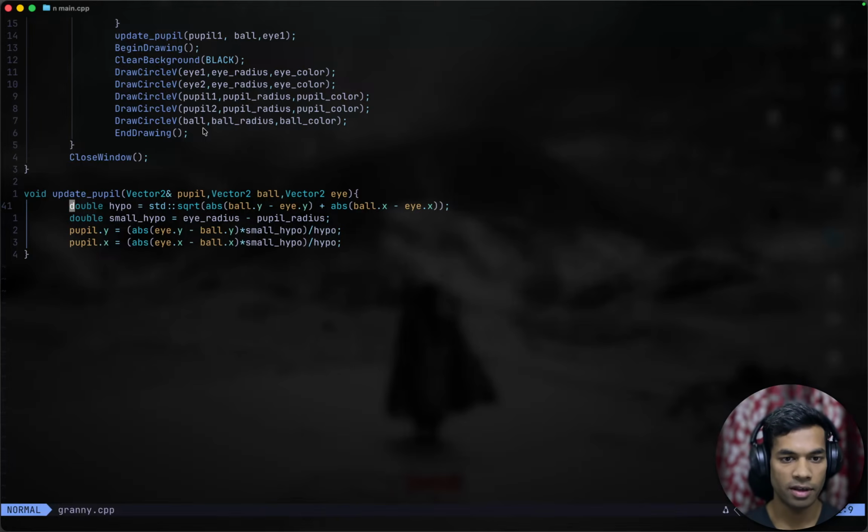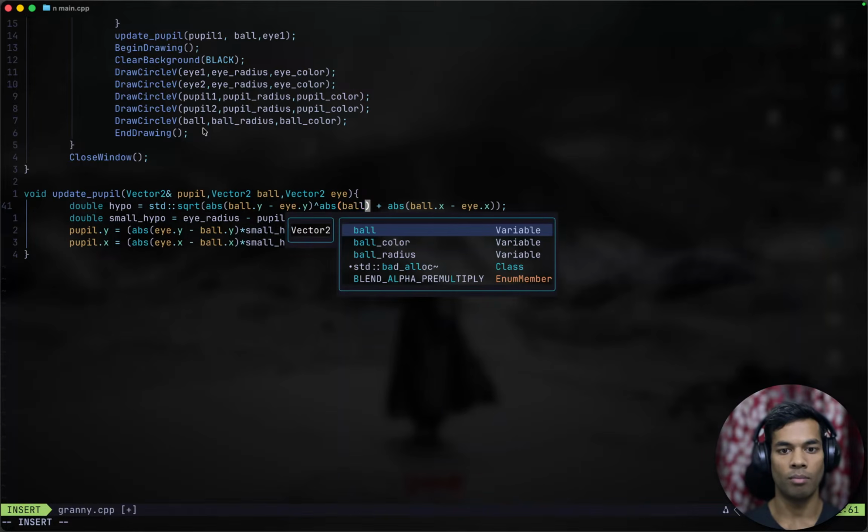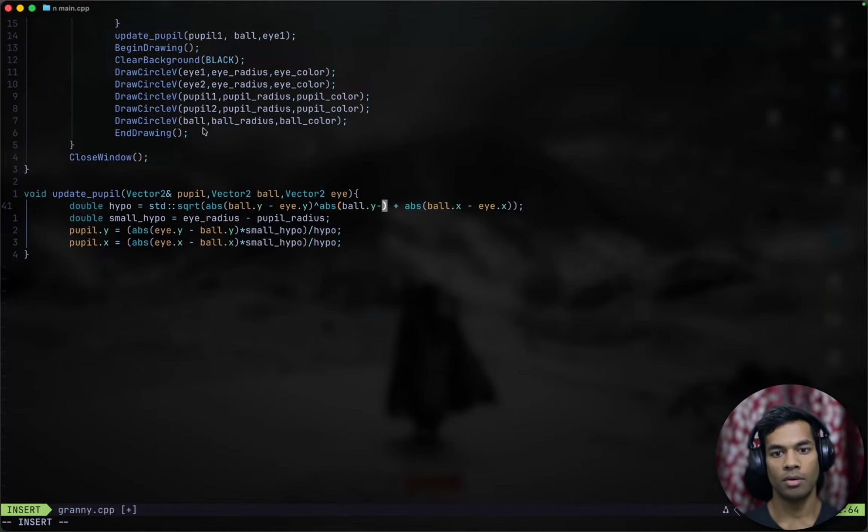Small hypotenuse is correct, I radius minus pupil radius. And big hypotenuse is also correct, square root of this square plus this square. Power of absolute ball dot y minus I dot y.